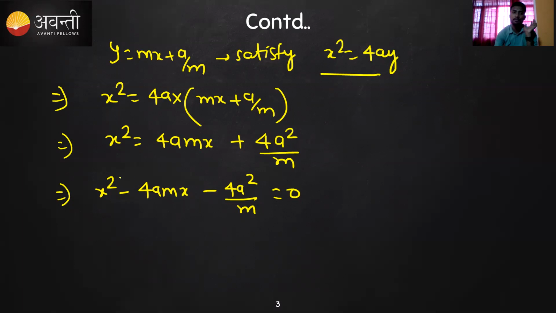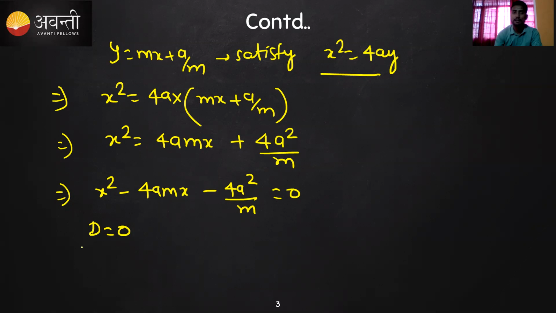But here x is in a quadratic equation, so it has three cases: it may intersect at two points, it may have equal roots, or it may have no roots. But here it is meeting at only one point. So from here we can simply write D is equal to 0. It means both the points will coincide and the roots will be equal.